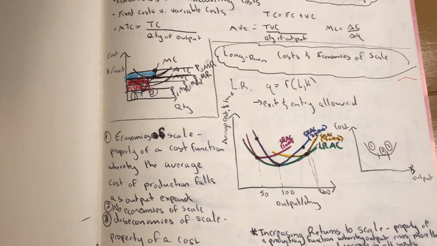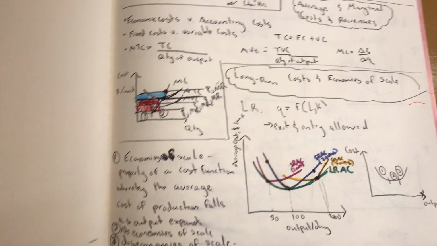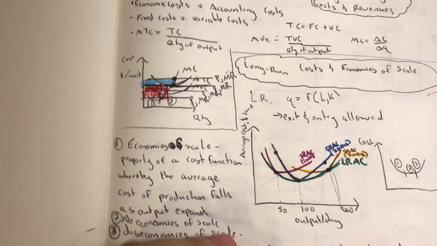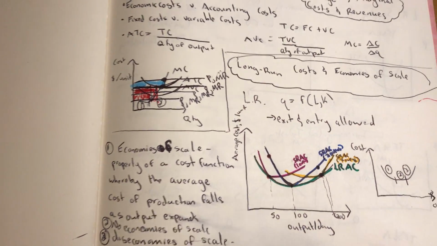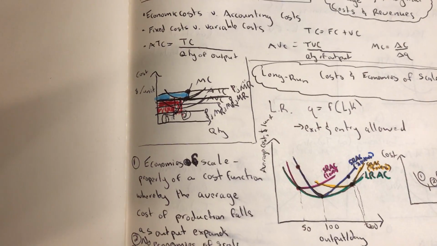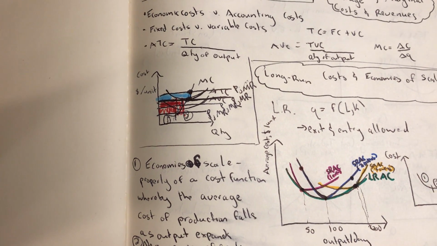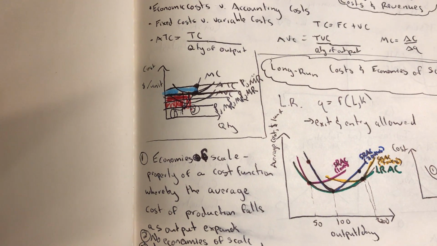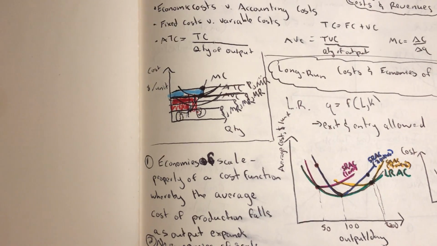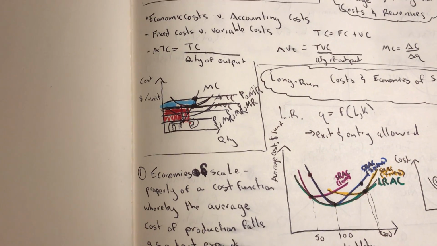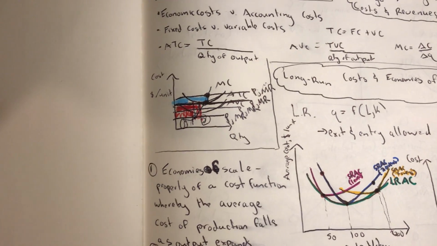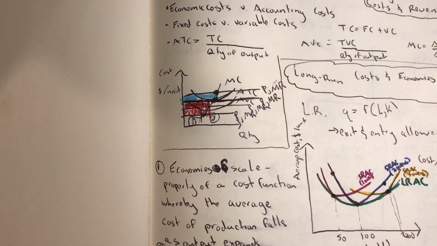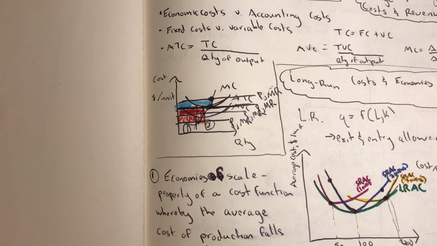Because in the long run, fixed costs are still things you have to pay, but you can optimize. Capital varies, right? It's a variable input.